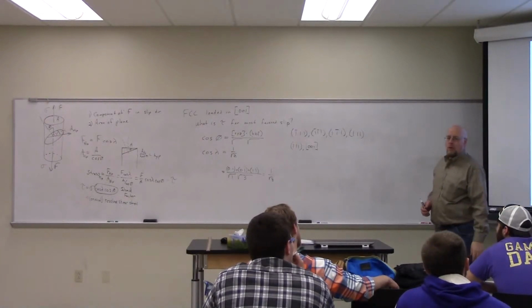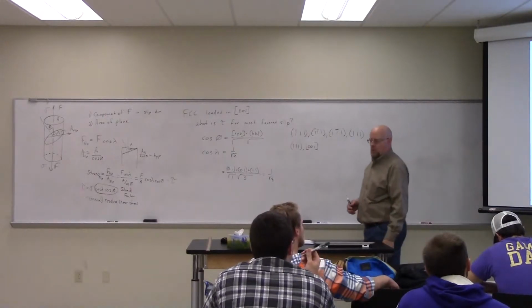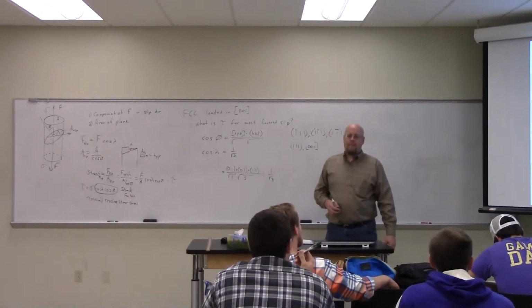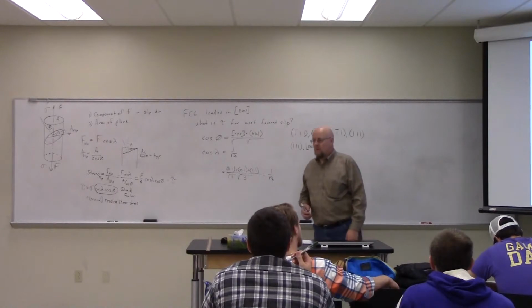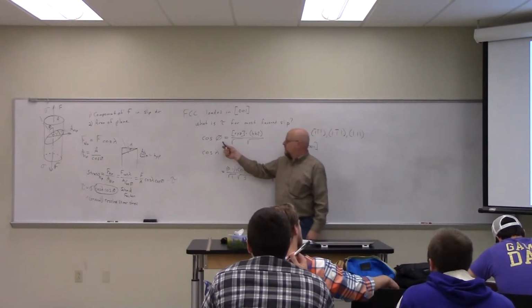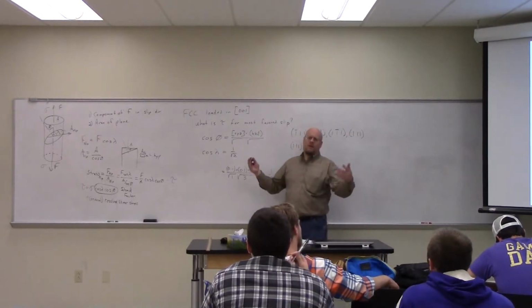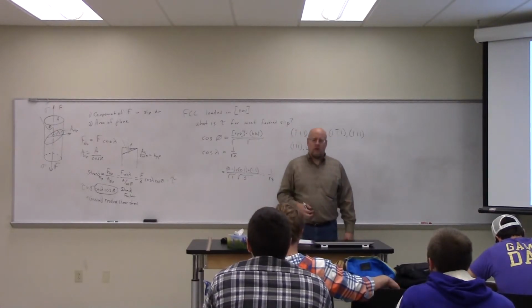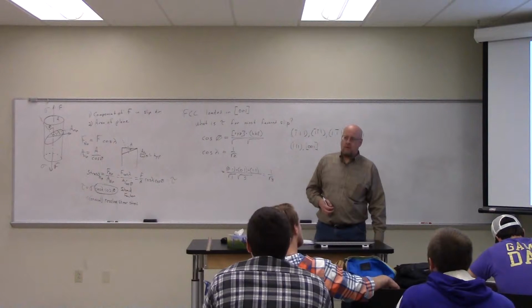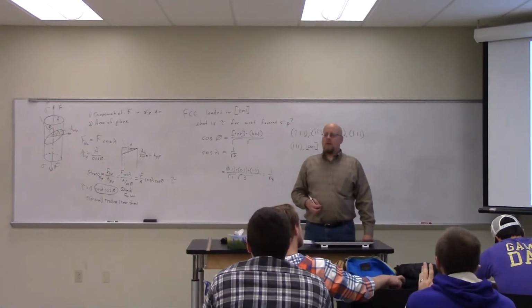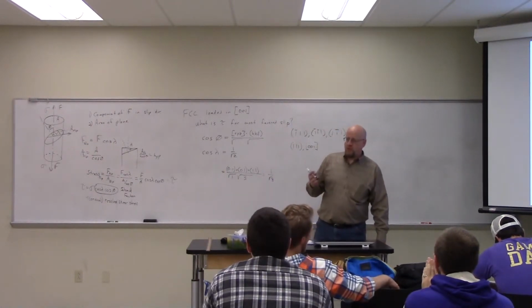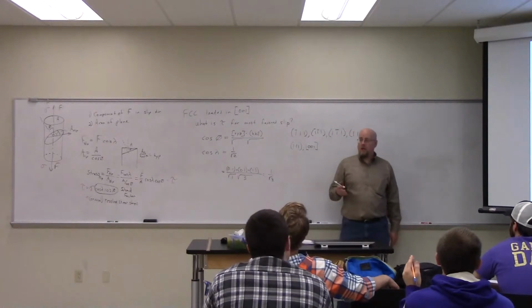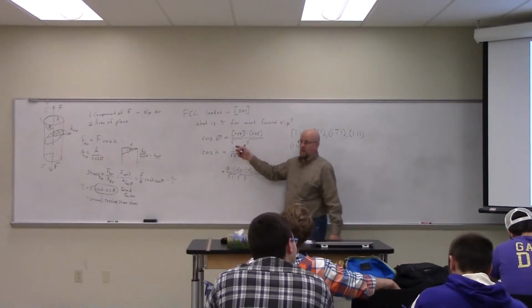If I'm pulling in the 1, 1, 1 direction, phi would be 0. What's the angle between the pulling direction and the normal to the plane? 0 degrees, because the pulling direction is the normal to the plane. It's 90 degrees to the plane, but the angle is 0.